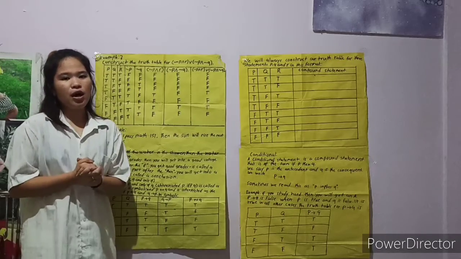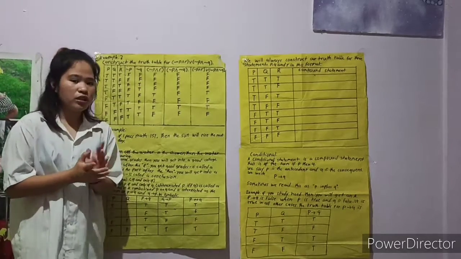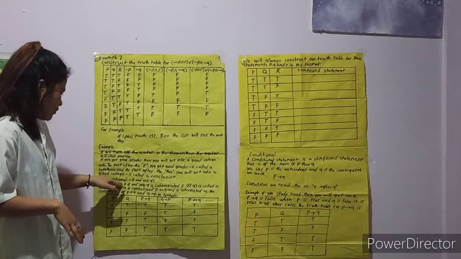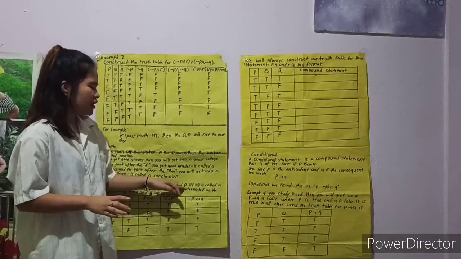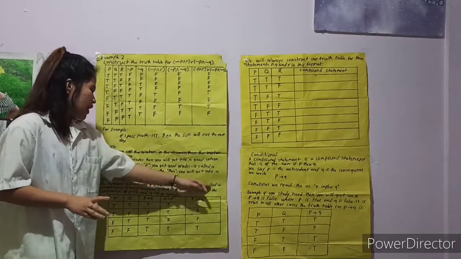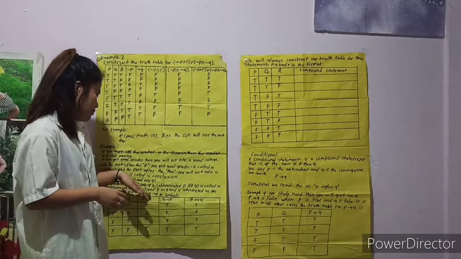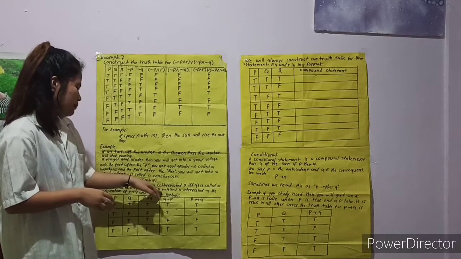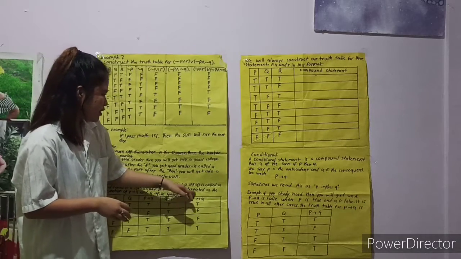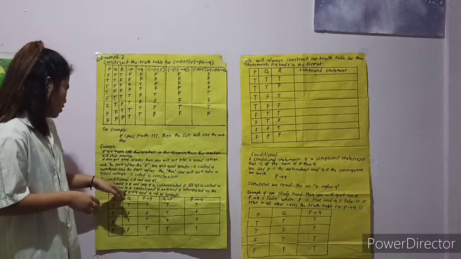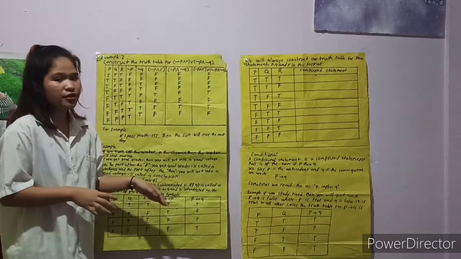Next, tackle biconditional. Biconditional, if and only if. The statement P if and only if Q, abbreviated P iff Q, is called a biconditional. It is symbolized by P if and only if Q and is interpreted as the conjunction of P implies Q and Q implies P in symbol.